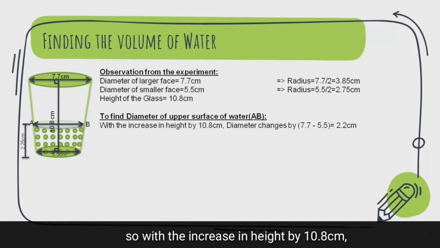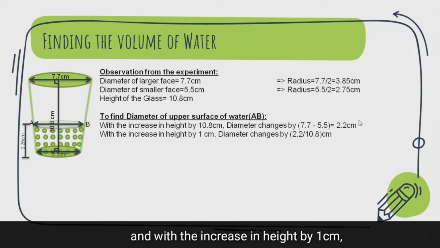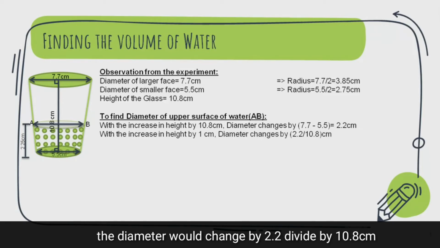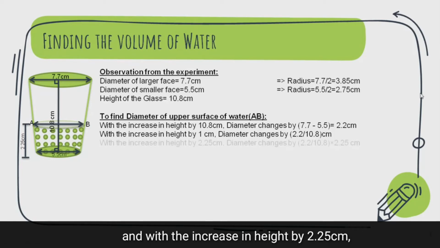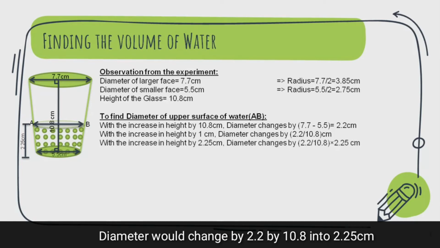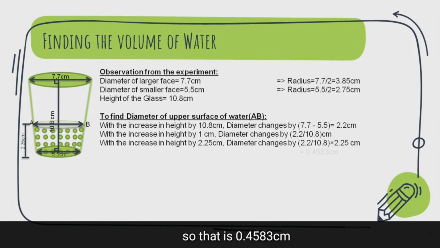So with the increase in height by 10.8 cm, we can see the diameter has changed by 2.2 cm, and with the increase in height by 1 cm, the diameter would change by 2.2 divided by 10.8 cm, and with the increase in height by 2.25 cm, the diameter would change by 2.2/10.8 × 2.25 cm. So that is 0.4583 cm.